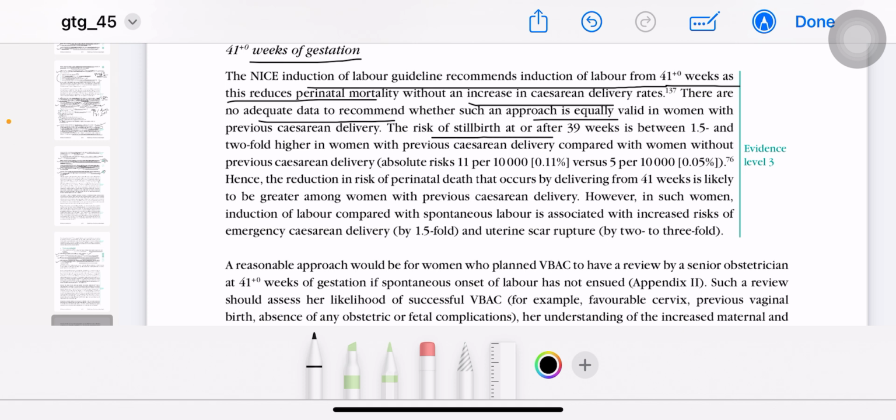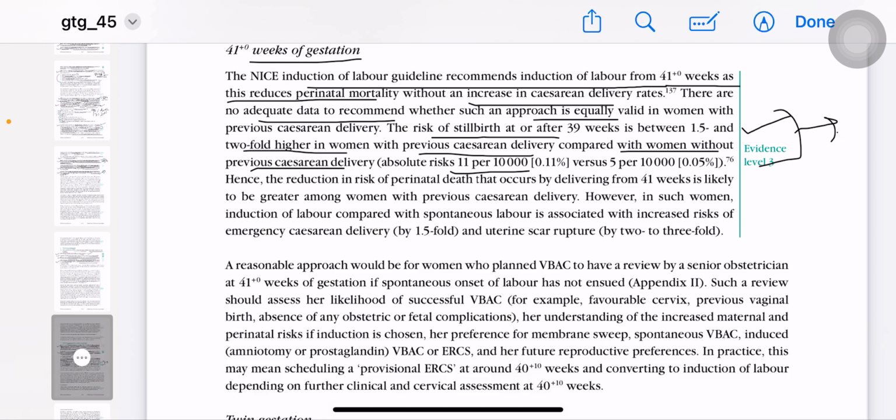The risk of stillbirth after 39 weeks is 1.5 to twofold higher in women with previous cesarean delivery compared with women without previous cesarean section, that is 11 per 10,000. So this percentage is also important.